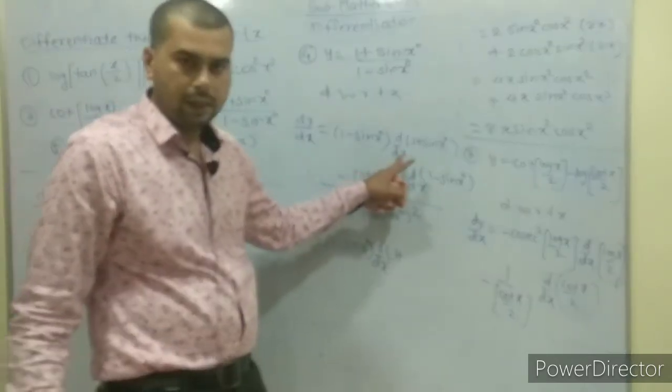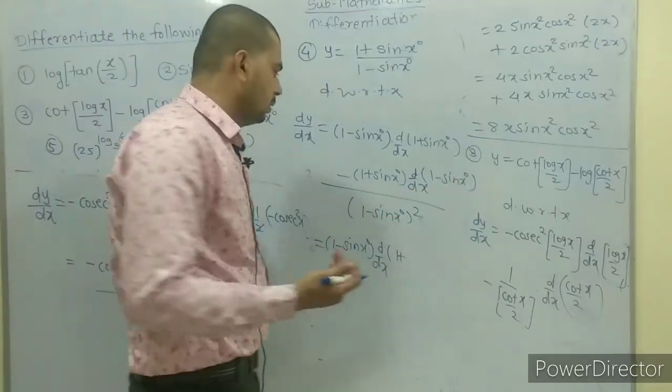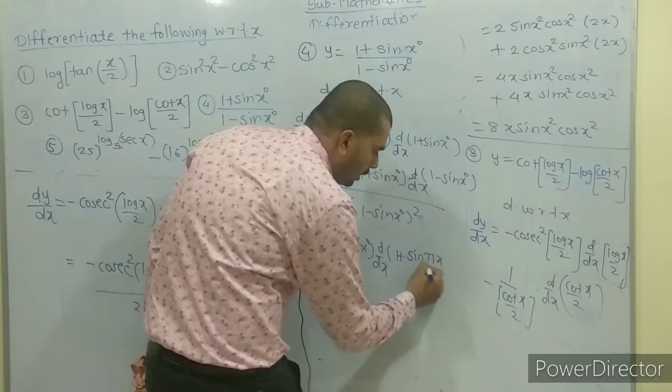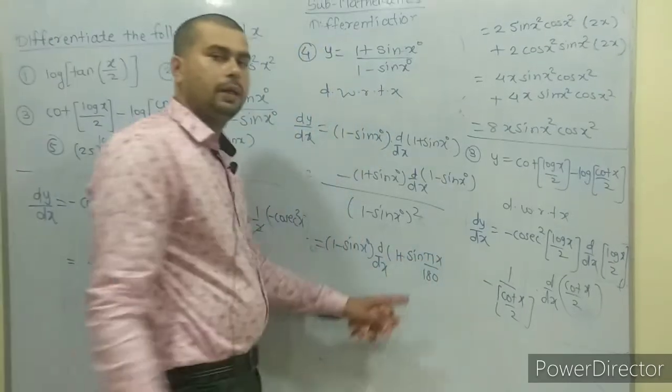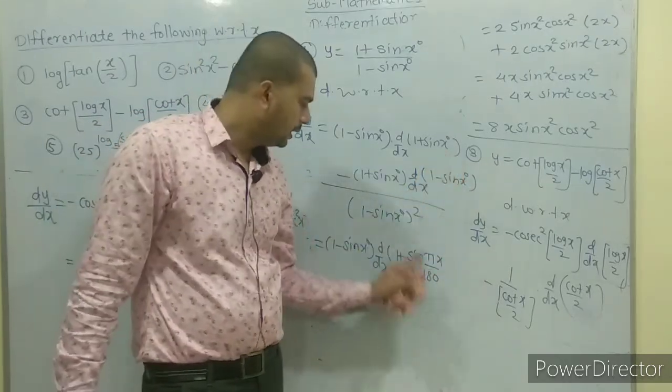For differentiating, we must convert this degree into radians. So we know the formula, for sin x degree we have to multiply by pi by 180, so this will be converted into radians.